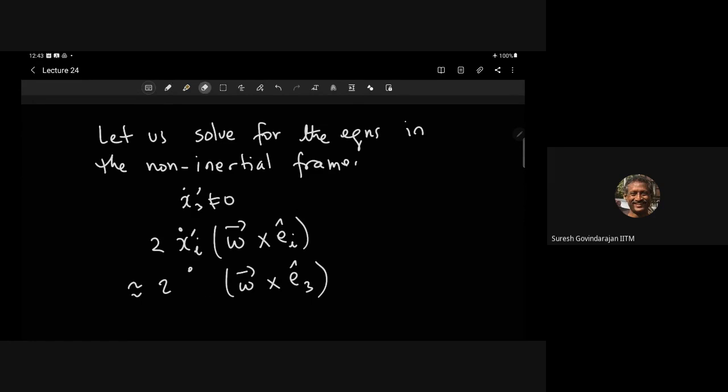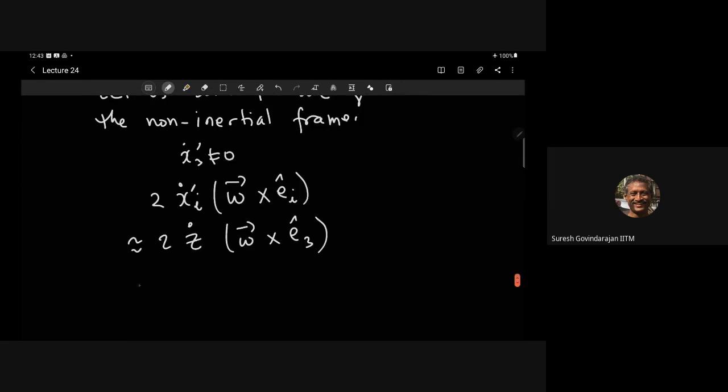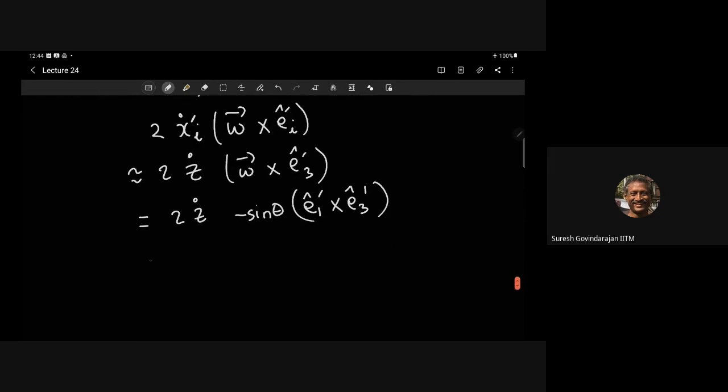So we can just write it as z dot. If you just work this out, this is equal to 2 z dot, omega hat, minus sine theta times E1. E1 cross E3 is minus E2. It's plus 2 z dot sine theta.